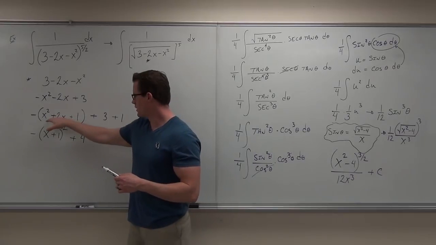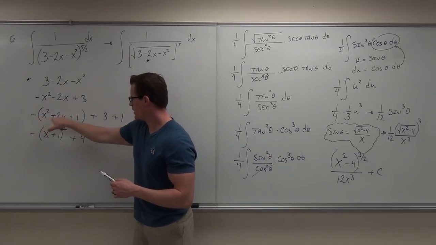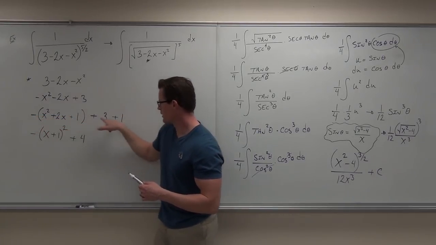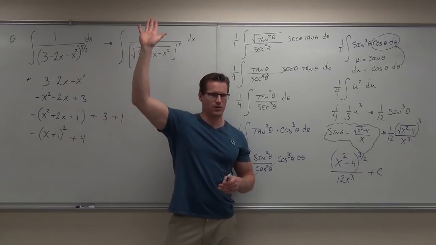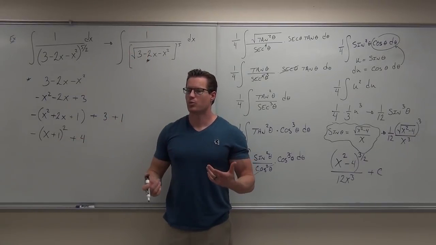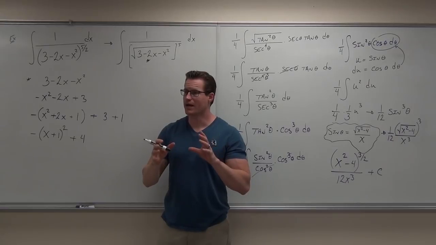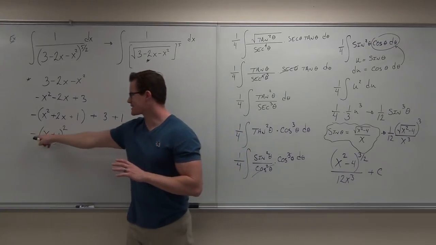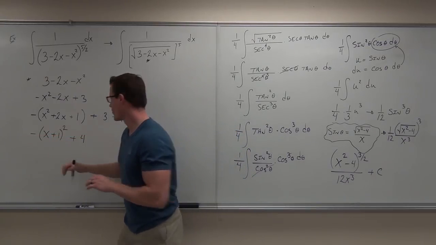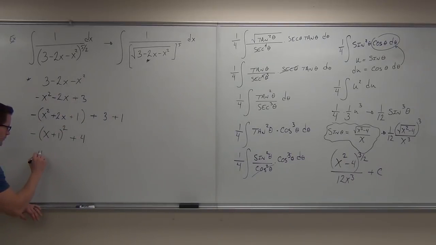It factors. Negative, we kept that up front. This is x plus 1 squared. This is plus 4. Show of hands if you feel okay with that one. Write it in the appropriate order. We want something squared minus or plus something else squared. This doesn't cut it right now for that negative. So I'm going to rewrite this as 4 minus x plus 1 squared.